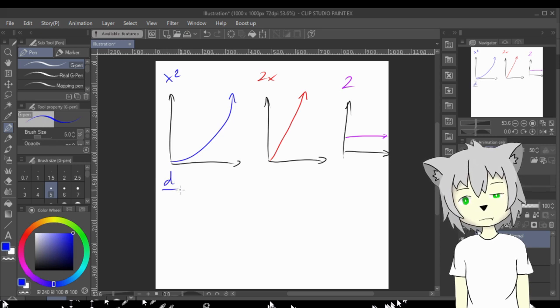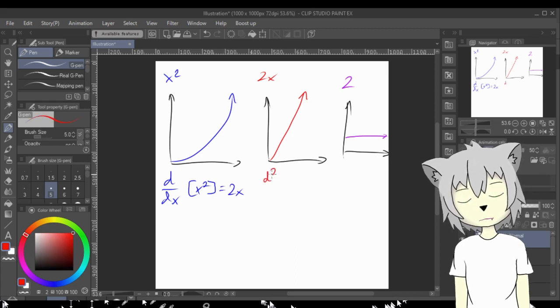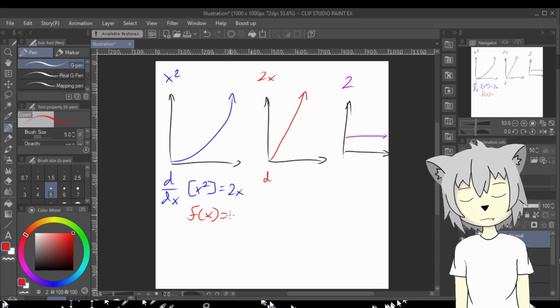So d/dx of x squared is equal to 2x. And let's just define f of x to be x squared again. I'm pretty sure that's obvious, but let's just do this again.